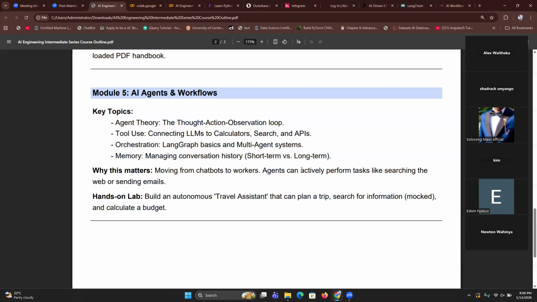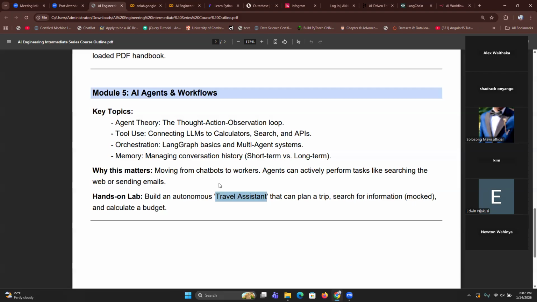For example, if you build for a company a travel agent, it can plan a trip, search for information, and calculate budget for a client. So this is actually the era that people are moving into. We're moving into building autonomous AI products.